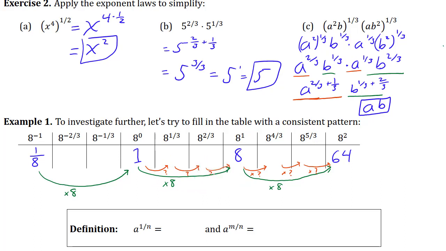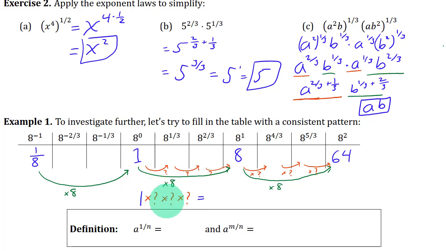Let's think about what that would be. We'd be doing 1 times something 3 times, and the result should be 8, right?